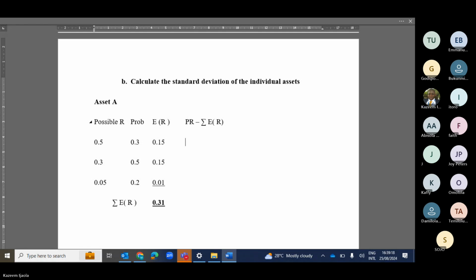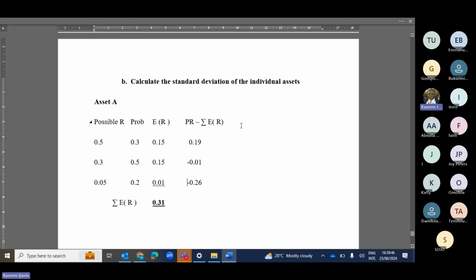The second one is 0.3 minus 0.31, which is negative 0.01. Then the third one is negative 0.26.